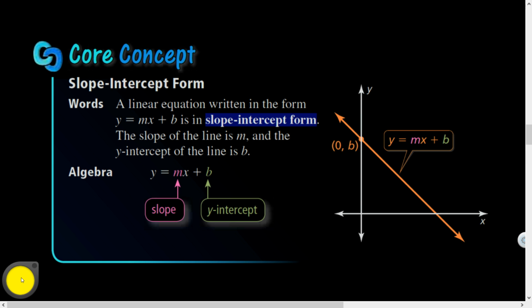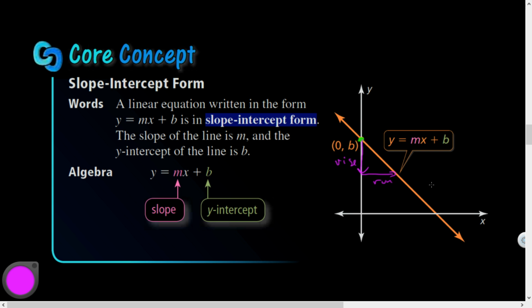Now the value of this is that I can graph a line. I will start at my y-intercept, and then I will move by my slope: the rise, and then the run, and I'll end up getting another point on the line.